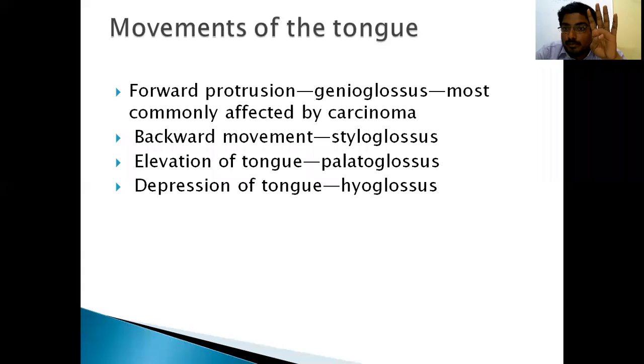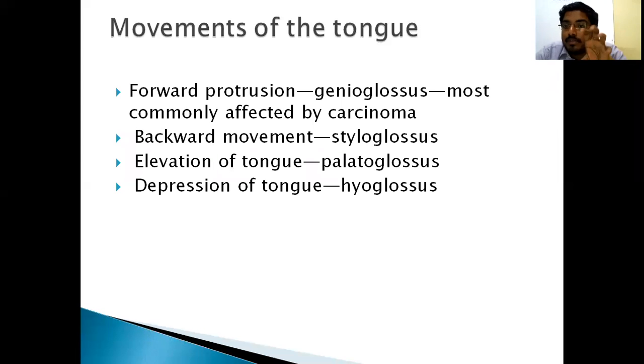See, four movements: forward protrusion, backward movement, elevation, and depression. Forward protrusion is by genioglossus, which is mostly affected by the carcinoma. Backward is styloglossus, elevation is palatoglossus, and depression is hyoglossus. These are the movements of the tongue.